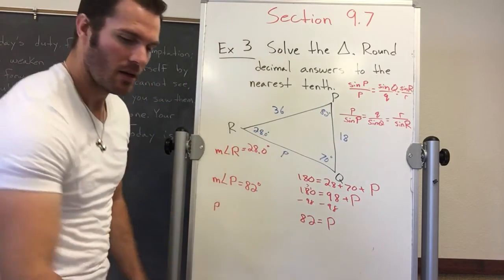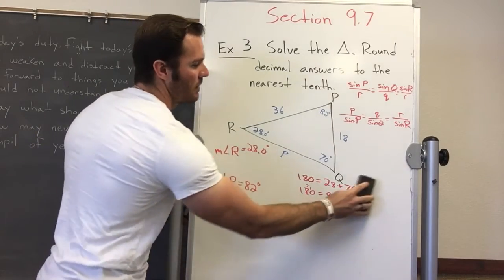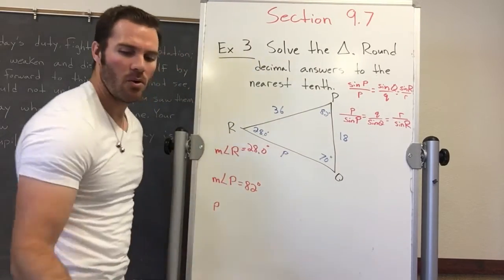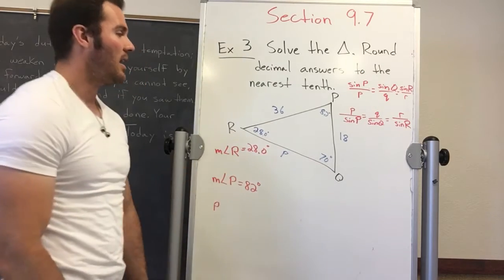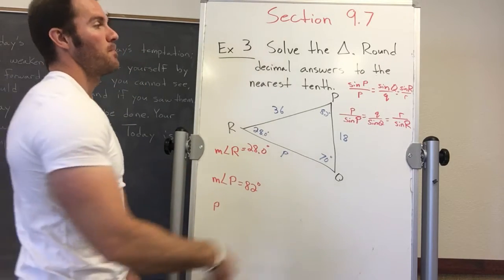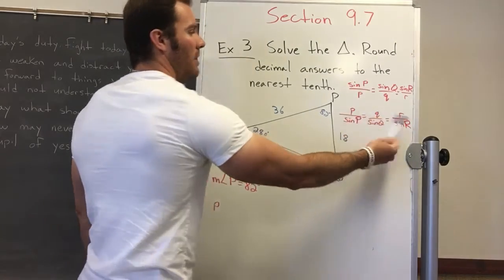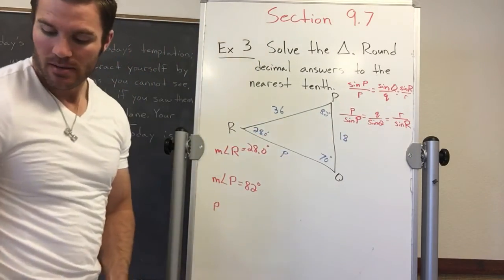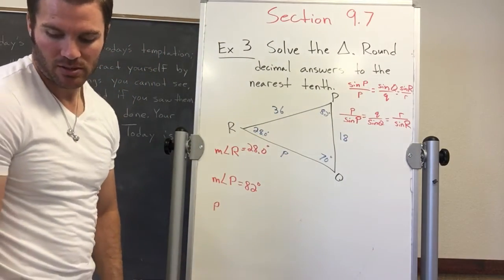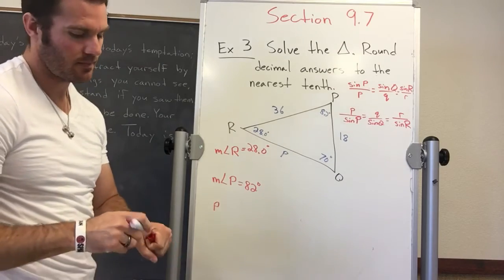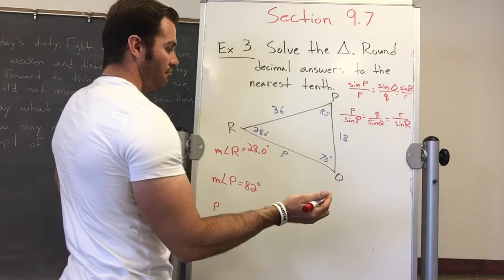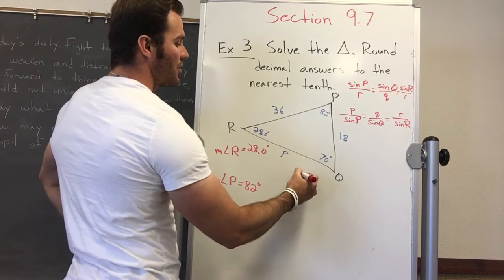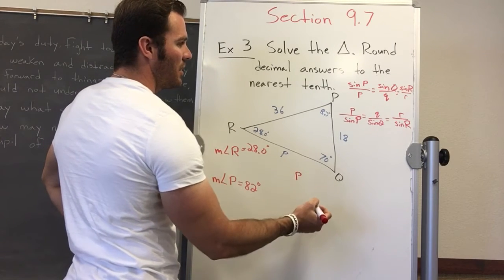Okay, I'm going to erase this part here. Now, all we need to do is find the lowercase p, this side. And you could use any of those, really, and it will get you the same answer. So we're searching for lowercase p, so let's put it on top.